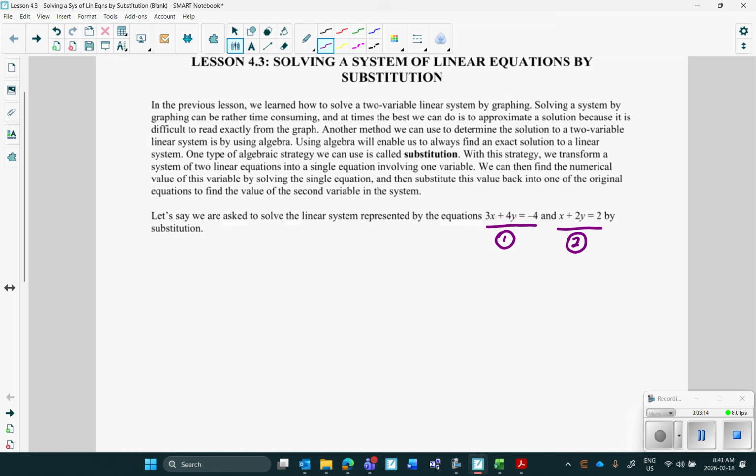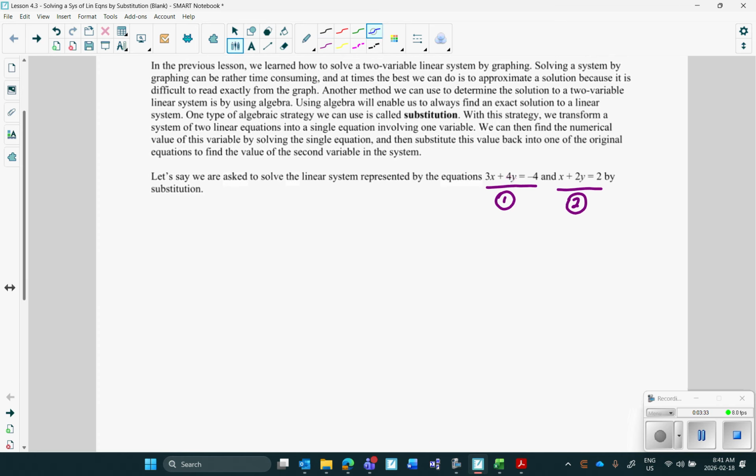Not y. Why would you get y by itself? Because then you have to move the x over and divide everything by 2. And then you're going to get fractions. Isn't it just easy to get x by itself? Because there's nothing in front of the x. So what we want to do is solve for x in equation 2.